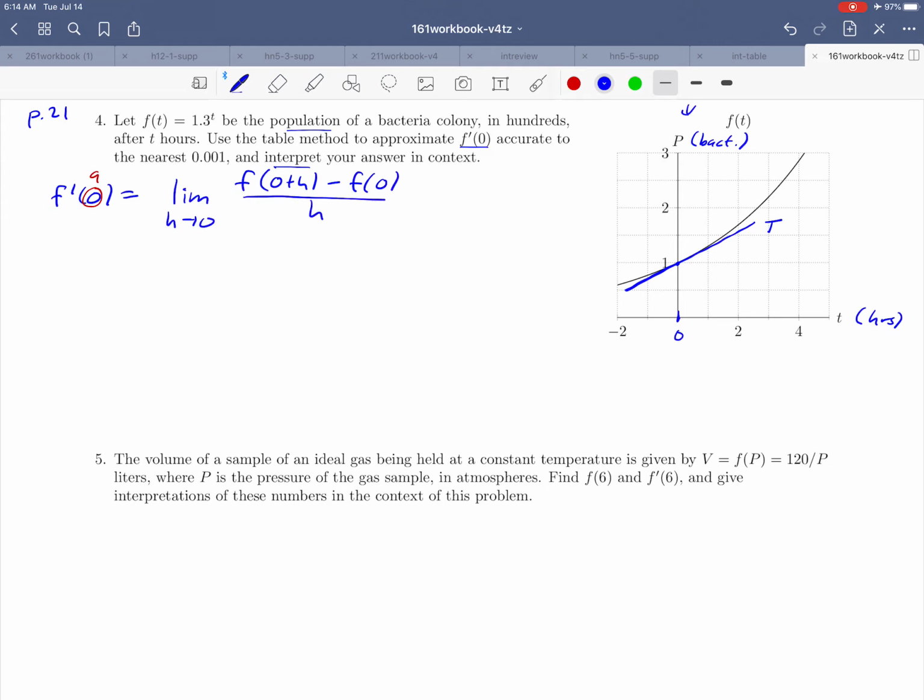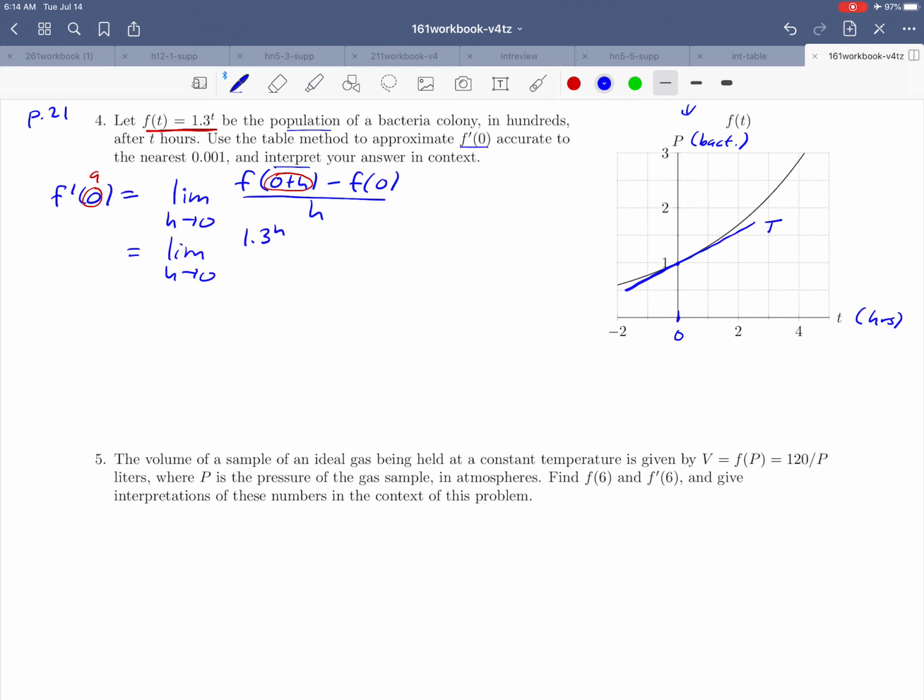We're just plugging in zeros everywhere that we saw a's in that formula. To do the calculation, starting with 0 plus h, that's a value of t that we're substituting into our function. So everywhere that you see a t, you're going to put a 0 plus h.